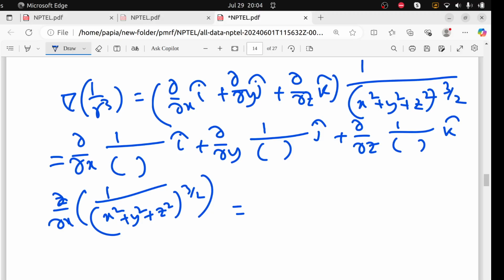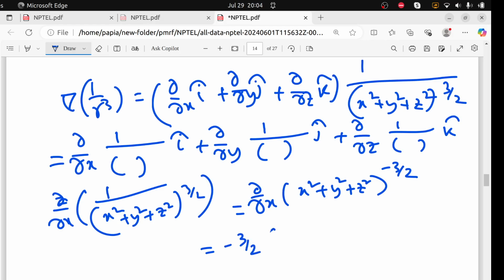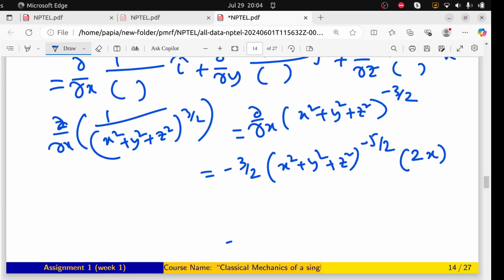So it can be written as x square plus y square plus z square whole to the power minus 3 by 2. So, it is like minus 3 by 2, then x square plus y square plus z square whole to the power minus 5 by 2. But it is not the whole thing, it will be 2x because it is a partial derivative with respect to x. So, it will be simply 2x. Is it fine? Yes, ma'am.